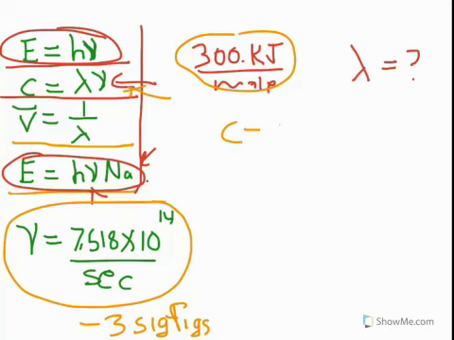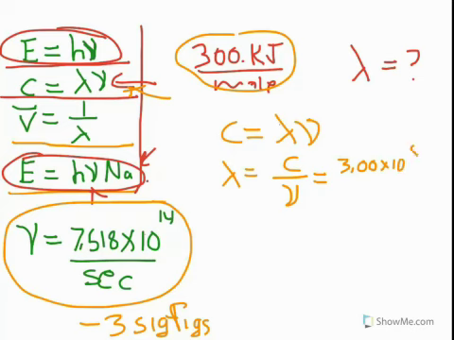C equals lambda nu, so I rearrange. Notice that is not a V, that's nu. It's a crooked V. So I rearrange my equation, and I get lambda equal C divided by nu. You don't have to tell us how, but you have to show it. Now I plug my numbers in. The speed of light is 3.00 times 10 to the 8th meters per second.